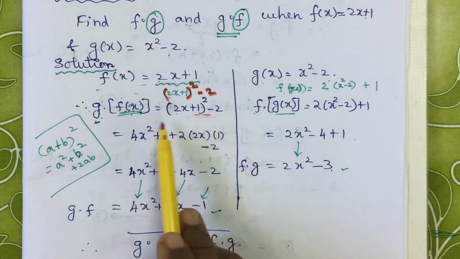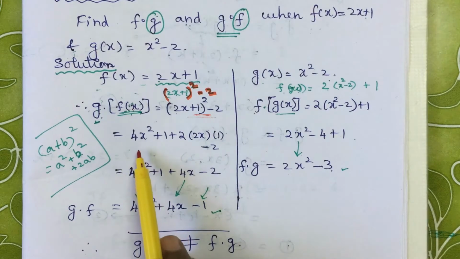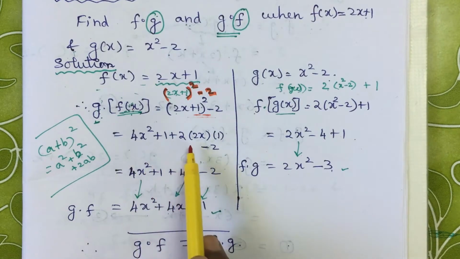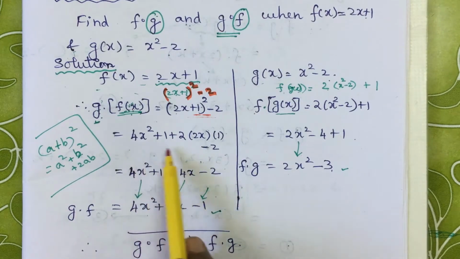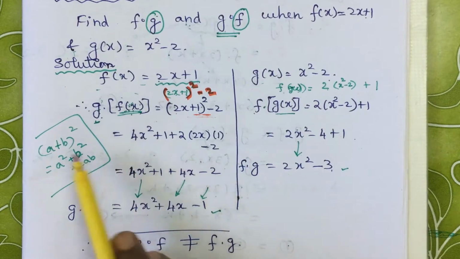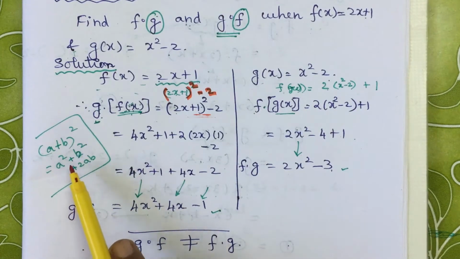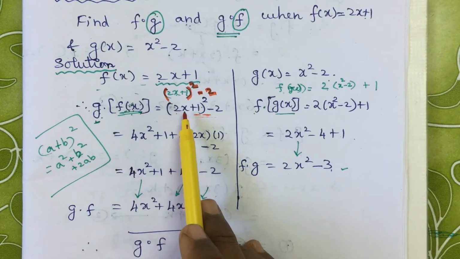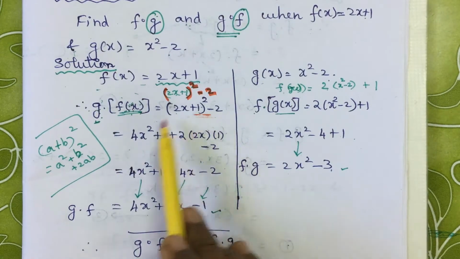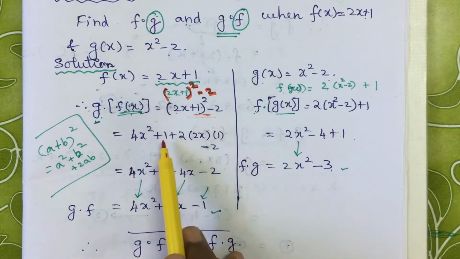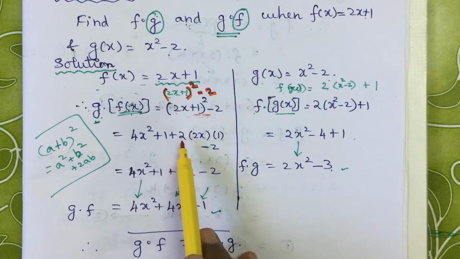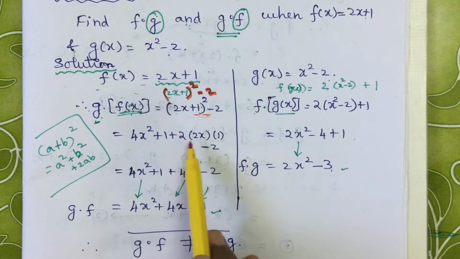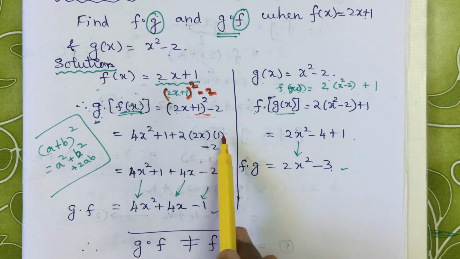Then you will get these terms. On expansion, 4x square plus 1 plus 2 into... how are you getting this expansion? I have used the formula a plus b the whole square is equal to a square plus b square plus 2ab. Here your a is 2x and your b is 1. So a square is 4x square, b square is 1, plus 2 into a into b, where a is 2x and b is 1.